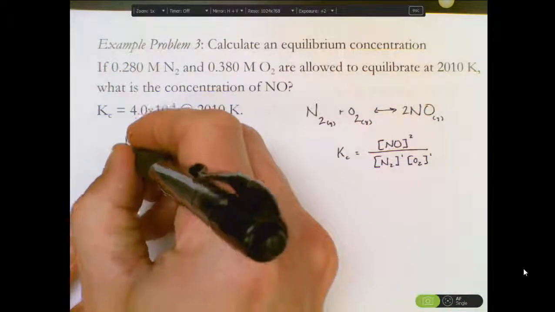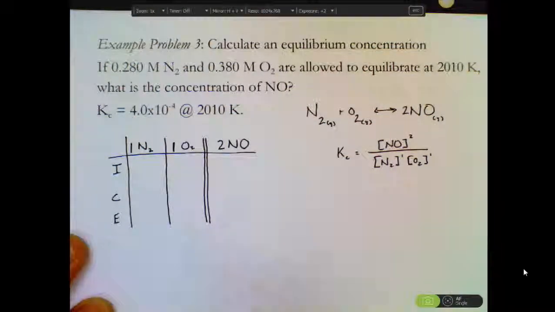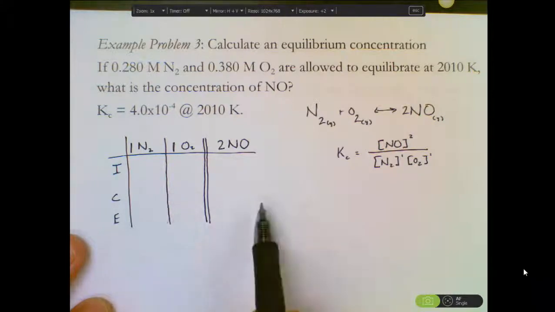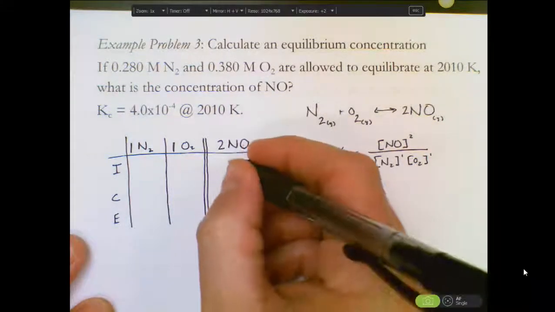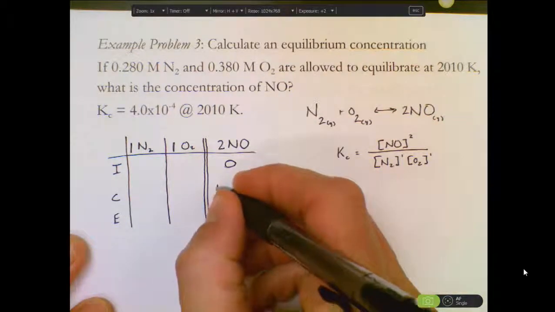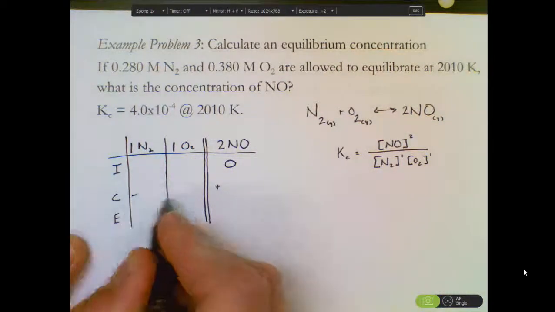And then it's good to put your coefficients in your ICE table as well, because that's going to be the stoichiometric ratio at which these substances change. We can always include a 0 for our initial amount of product. Our product is only going to increase, our reactants are only going to decrease.